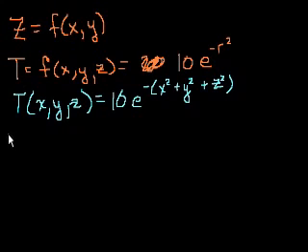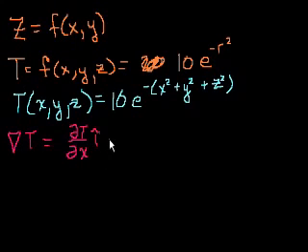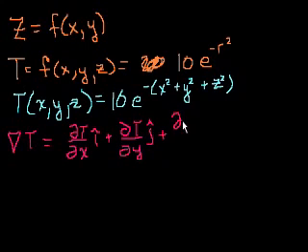So the gradient of T is equal to the partial derivative of T with respect to x times the unit vector in the x direction, plus the partial derivative of the temperature function with respect to y times the unit vector in the y direction, plus the partial derivative of the temperature function with respect to z times the unit vector in the z direction. And now we just plug and chug and figure out the partial derivatives.